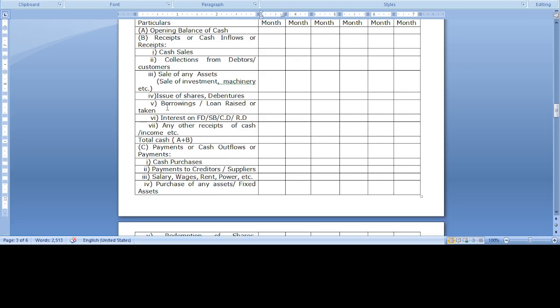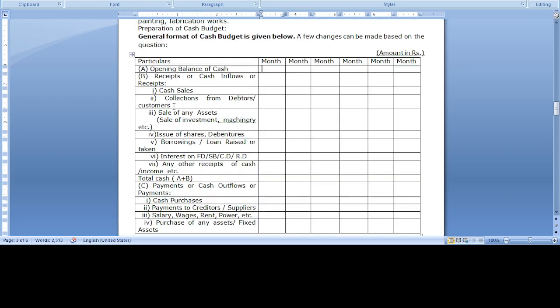You may receive funds when you do borrowings or when you raise or take a loan. And you may receive interest on FD, certificates of deposit or a recurring deposit, or any other receipt of cash or income. These are nothing but cash inflows or receipts.